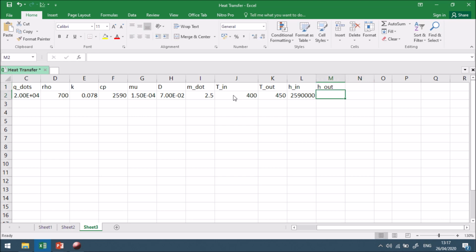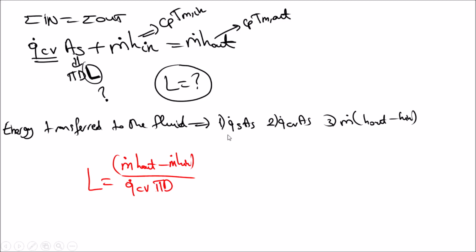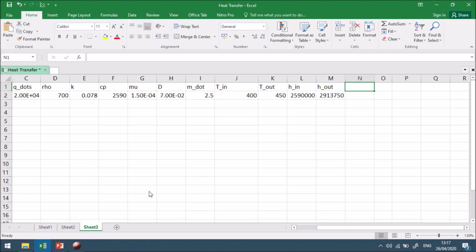Enthalpy out, this one is rate of enthalpy out actually, but we are writing enthalpy out: 2.5 into Cp and into temperature at outlet. Okay, so I should subtract and divide by Q dot CV. I write Q dot CV, that is exactly equal to Q dot S.